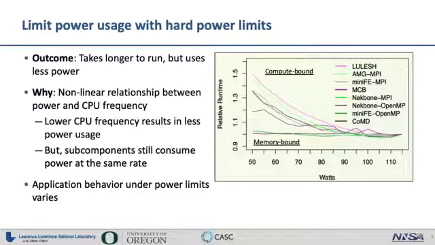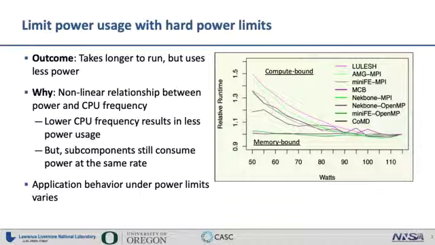So here on the right of the slide, I'm showing the relative performance for several different benchmarks at different power limits. On the x-axis, we have processor power limits ranging from 50 watts up to 115 watts. And on the y-axis, I'm showing the relative performance to the application's best performance, which occurs at 115 watts, which has the highest CPU frequencies.